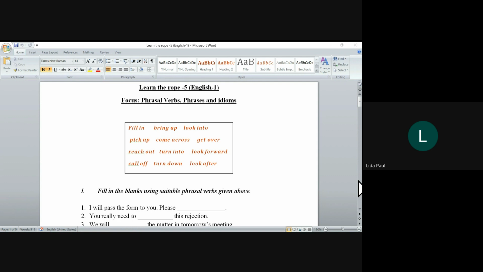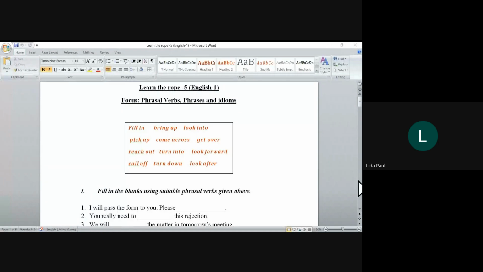Now, can I use anything to interfere in between come and across? Can I say I came a sweet vendor across on the way? Like we did with the previous case, right? We said call it off or call the meeting off. The manager called the meeting off, right?